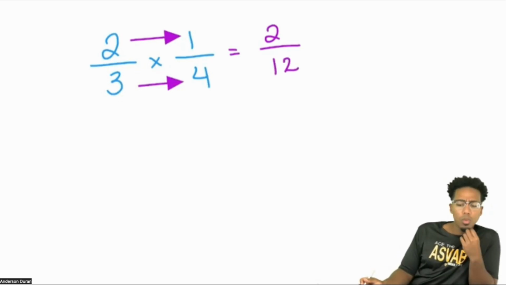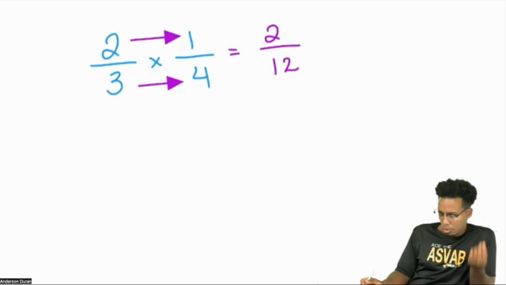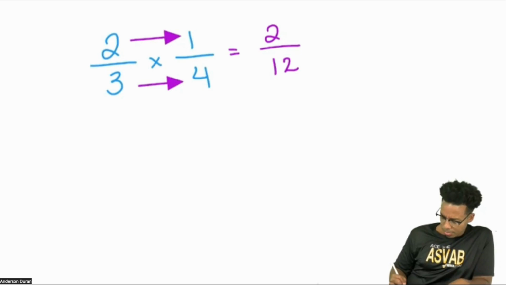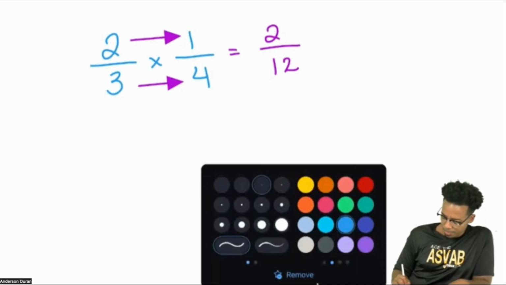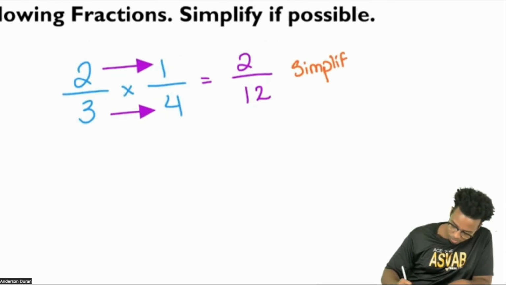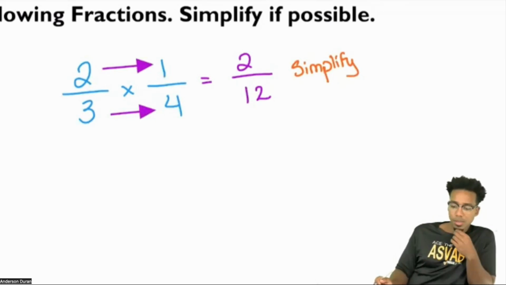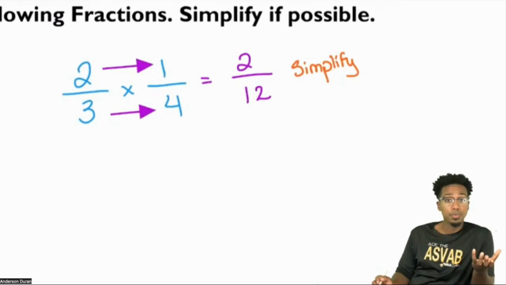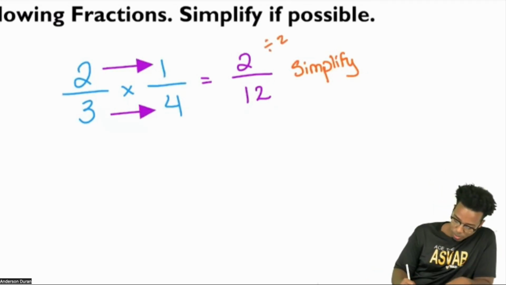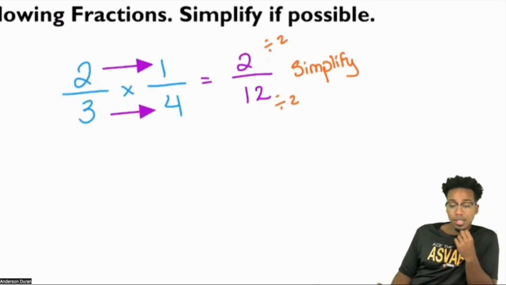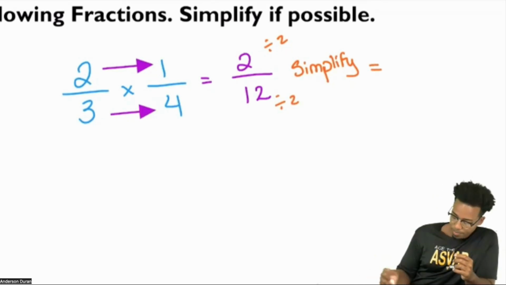That's the idea. When multiplying fractions, you just multiply the numerators, multiply the denominators, and then at the end, if we can simplify, please go ahead and simplify. So what can we simplify here, everybody? We can simplify by reducing by 2, because 2 and 12 are both divisible by 2. 2 divided by 2 is what?